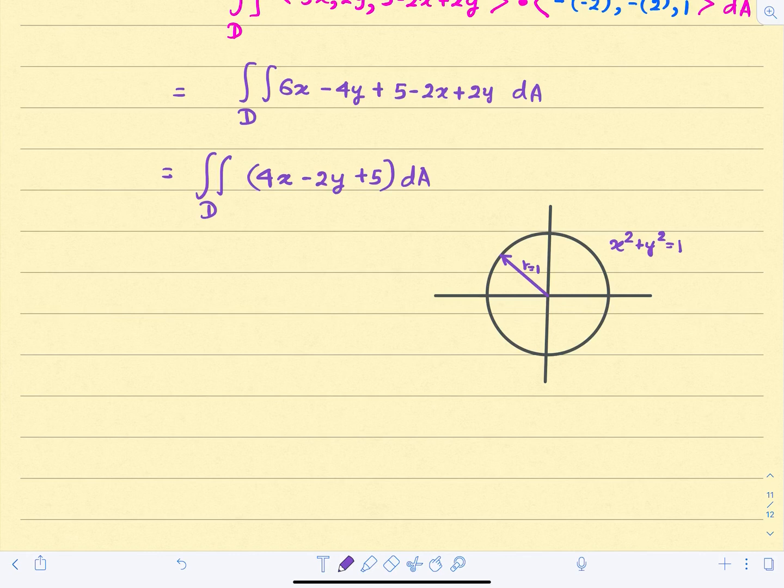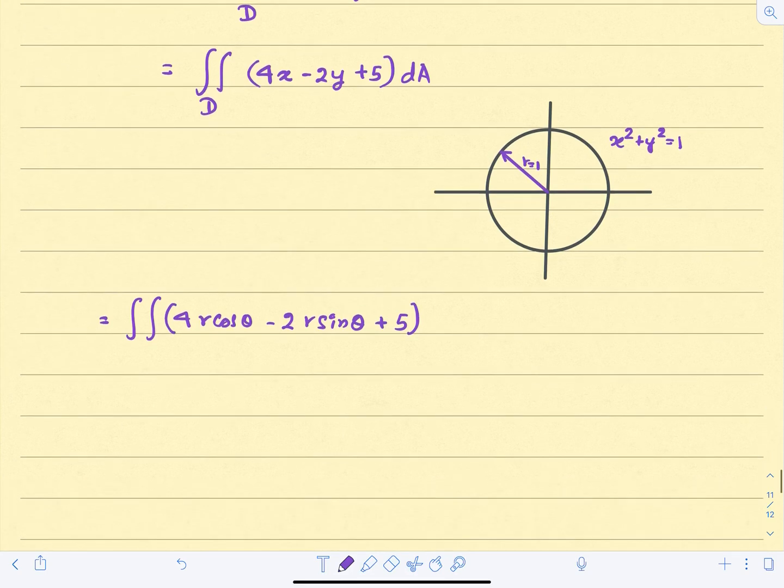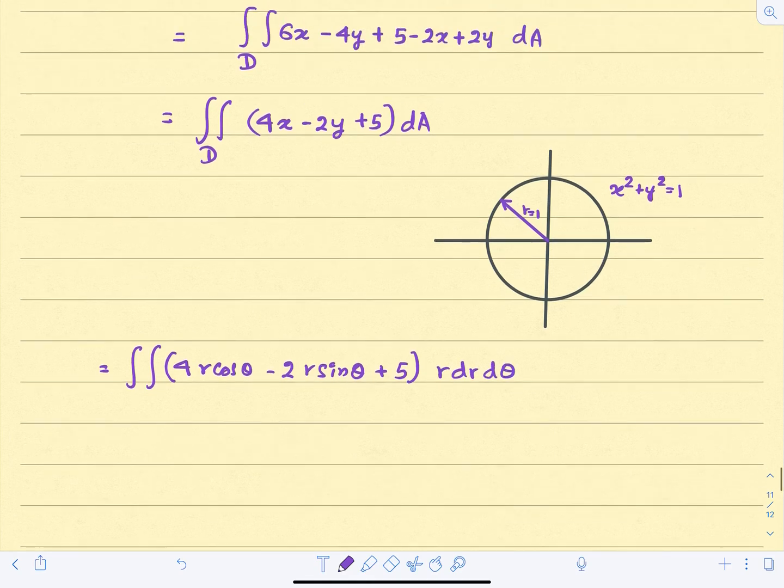Now it is easy to use the polar coordinate system to solve this integral. Okay. Now in polar coordinates, the x coordinate equals r cosine theta, the y coordinate equals r sine theta, plus 5, and what is dA? dA equals r dr d theta, and r goes from 0 to 1, theta goes from 0 to 2 pi.